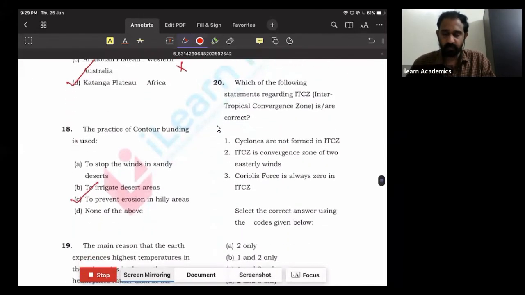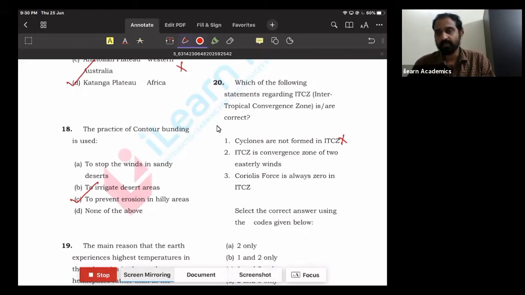Question number 20 is about ITCZ. We have discussed ITCZ during our TOP geography session. So we know ITCZ helps in the formation of cyclones. The first statement says cyclones are not formed in ITCZ, which is a wrong statement. Second statement, ITCZ is the convergence zone of two easterly winds.